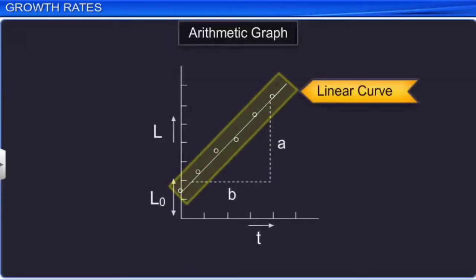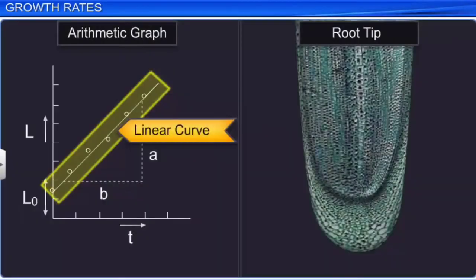A linear curve is obtained for arithmetic growth. This is due to the continuous addition of new cells at the root tips.